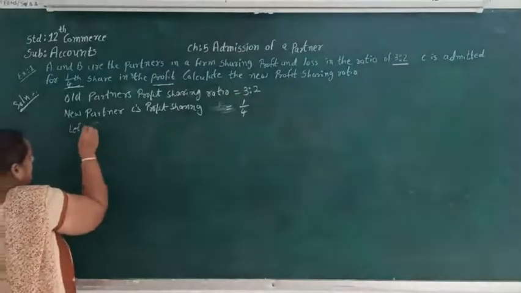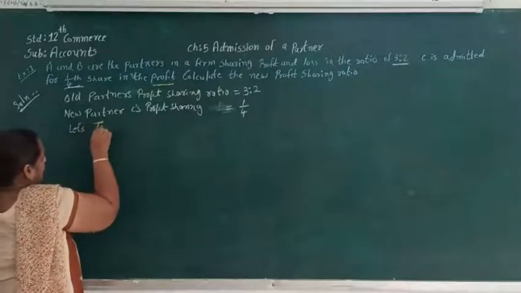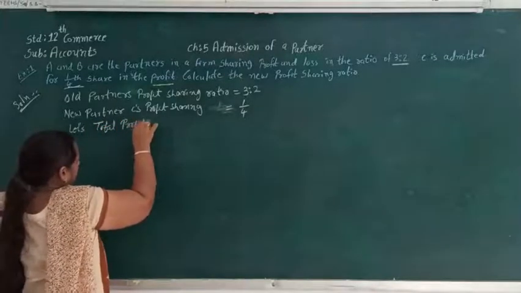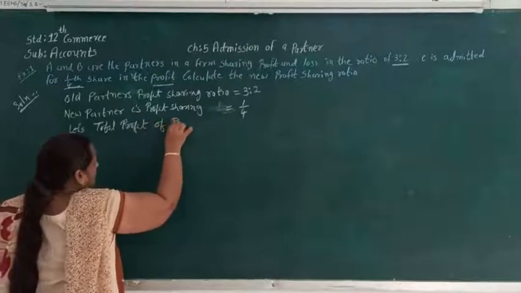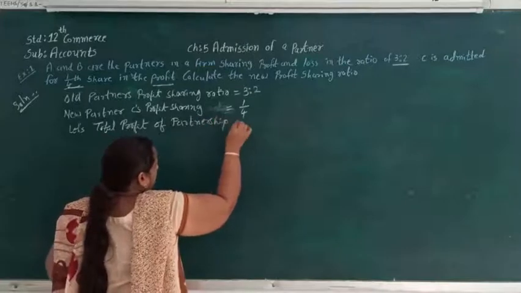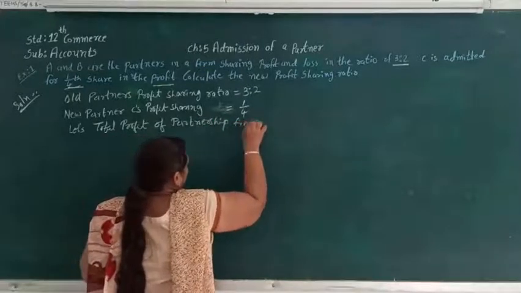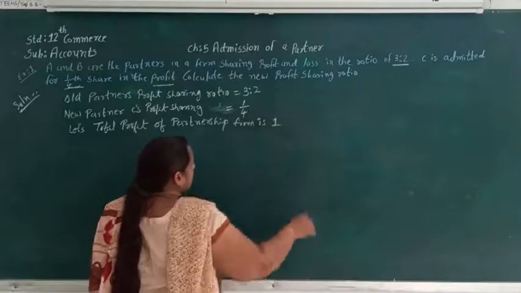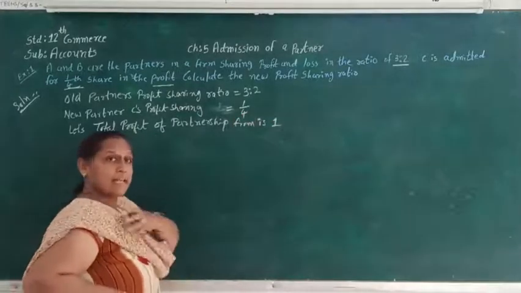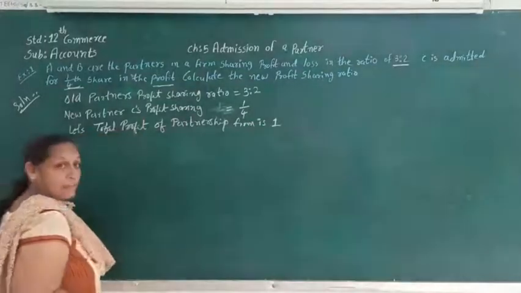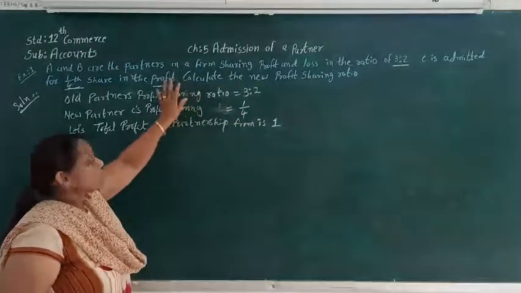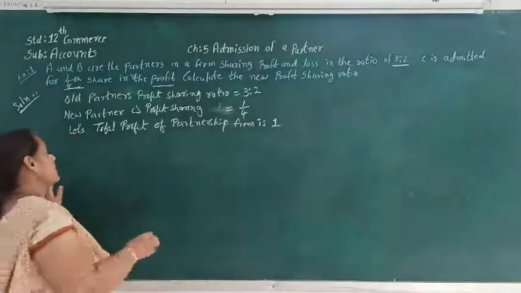Let the total profit of the partnership firm be 1. From this one we are going to deduct the 1/4 share of the entering partner. So the remaining share will be the old partners' share.